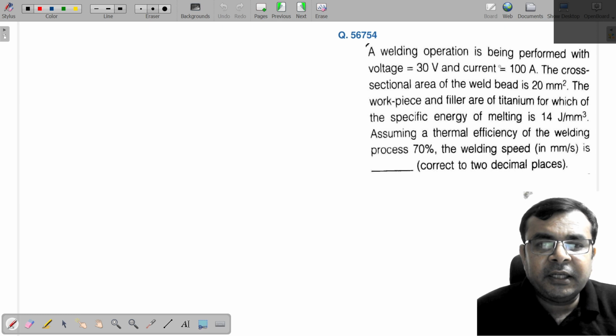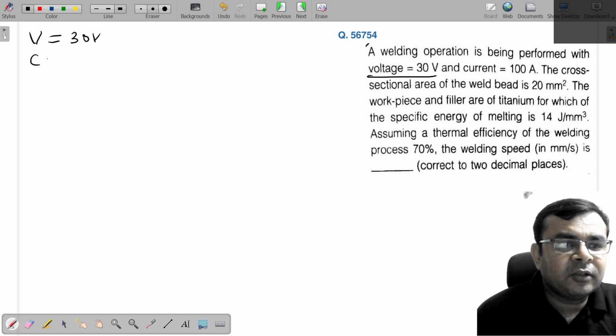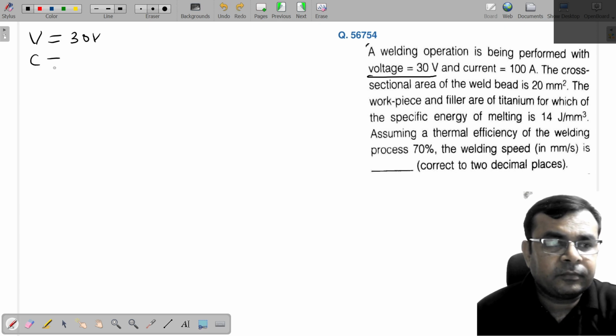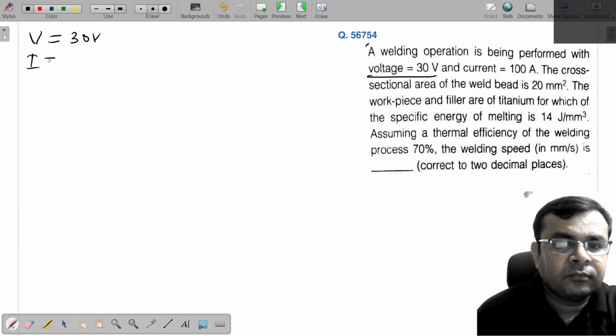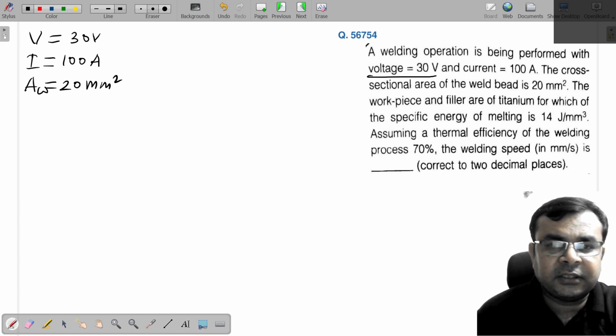Okay, so a welding operation is being performed with a voltage of 30 volt. Voltage is given, that is 30 volt. Current is also given here, equal to 100 ampere. The cross section area is also given here, that is 20 millimeter square. This is the weld bead cross section area.